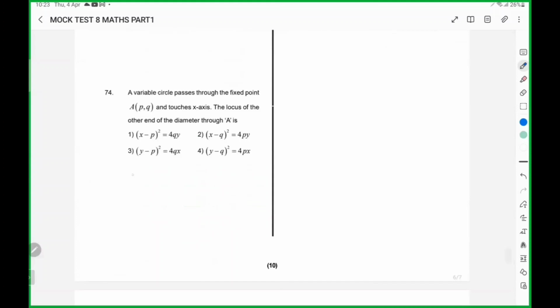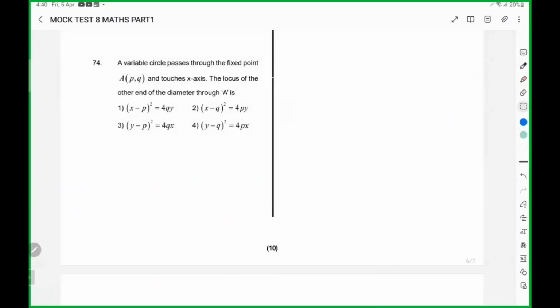A variable circle passes through a fixed point P comma Q and touches the x-axis. Find the locus of the other end of the diameter through A. The circle touches the x-axis.